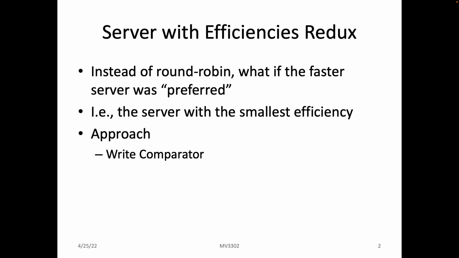And even if you have, in many situations, even if you have machines that are of the same make, a lot of times there are differences where one might be faster than the other. So how can we do that, given that our basic model used the first in, first out?